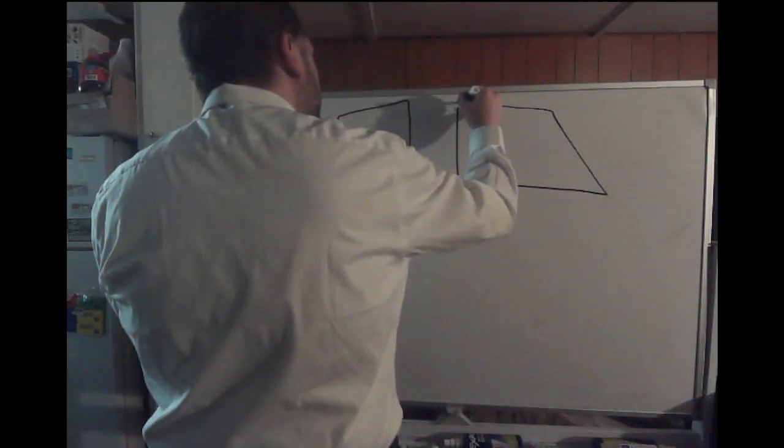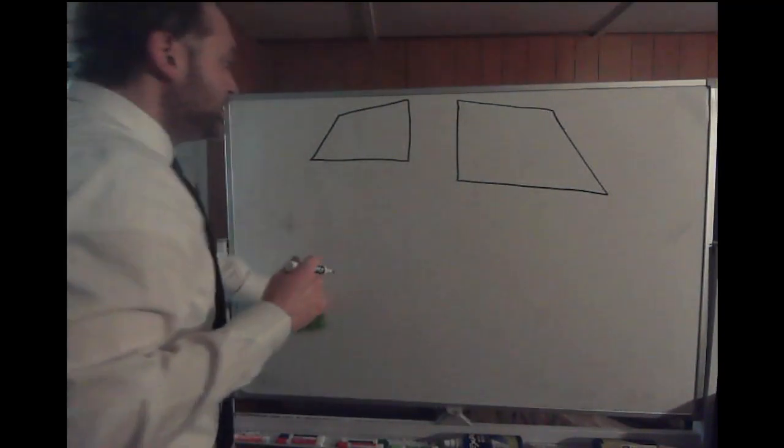Trying to draw these in reverse is a bit tricky sometimes. All right. So for sure we are going to be given 2 similar quadrilaterals. I mean 2 similar polygons.